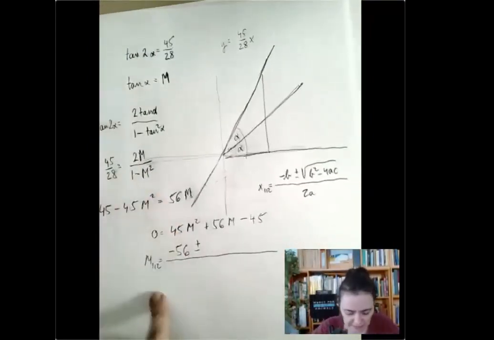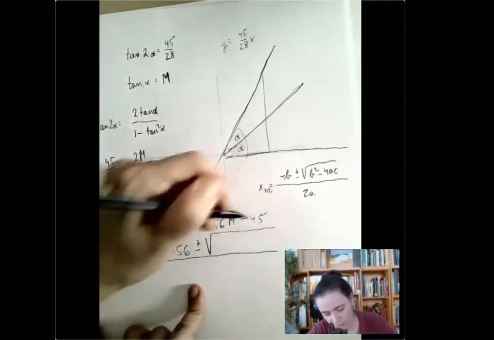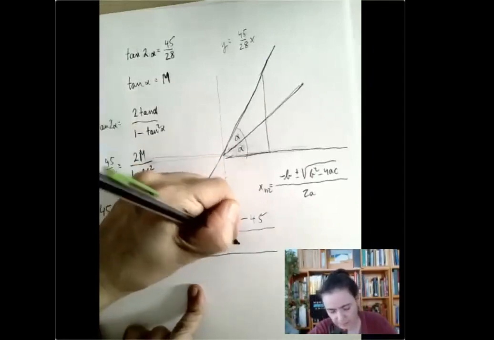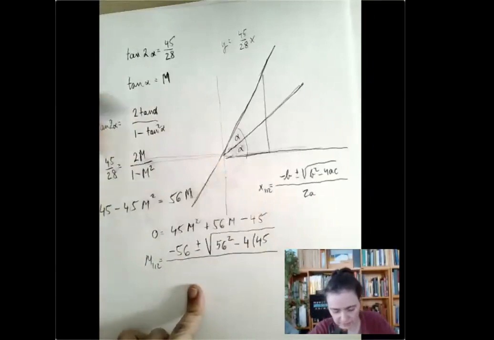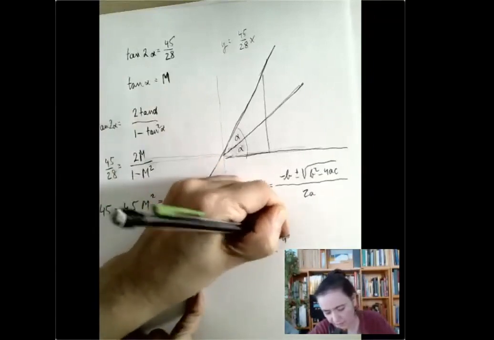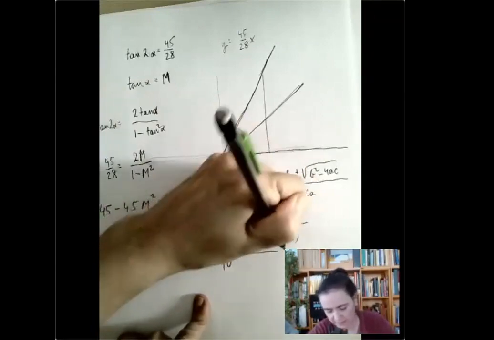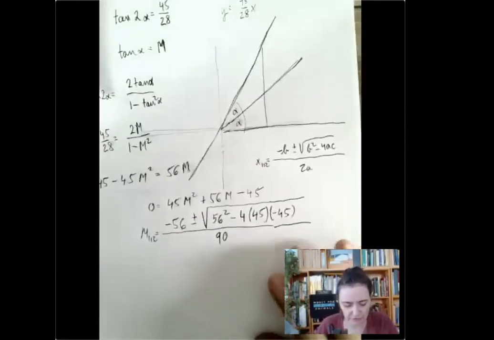And so applying that, we get negative 56 plus minus square root of 56 squared minus 4 times 45 times negative 45, divided by 90, twice 45. So what do we have?